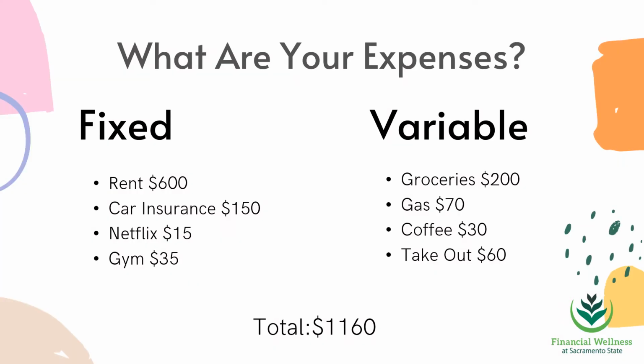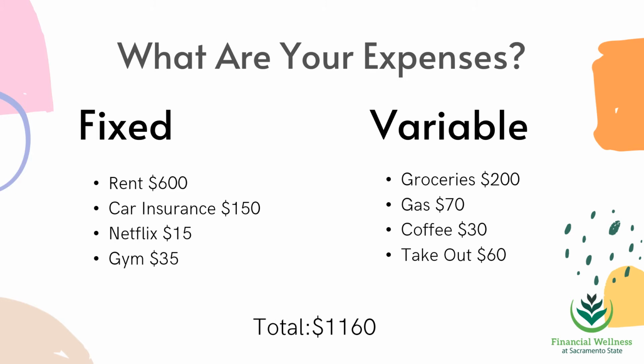So now that we have them tracked, let's take a look at what they are. A helpful thing is that you can organize them into fixed expenses and variable expenses. So fixed would be things that are the same every month. These are typically things that are bills like rent, car insurance, or subscriptions and memberships. And then you may have variable expenses.